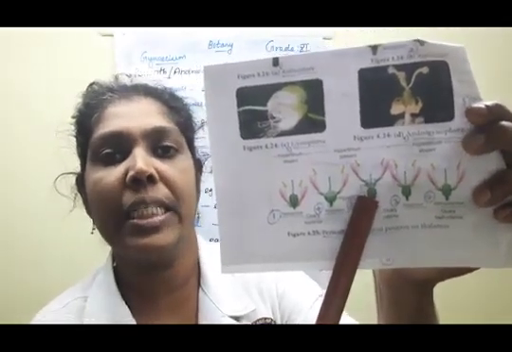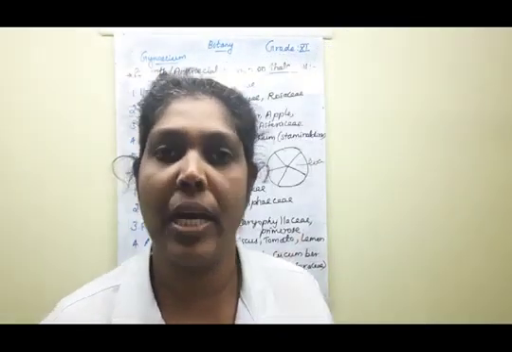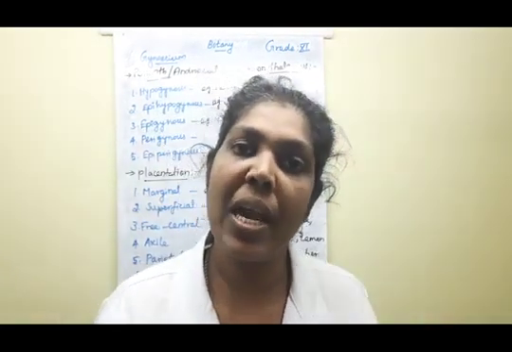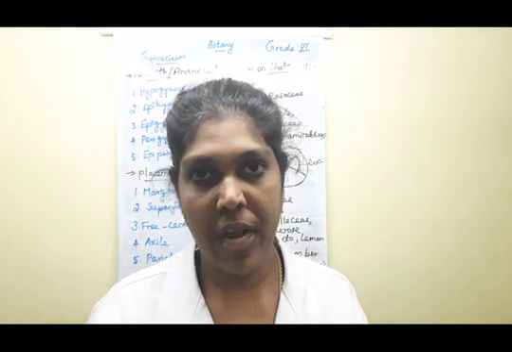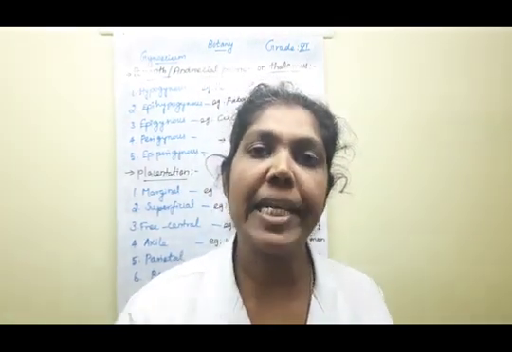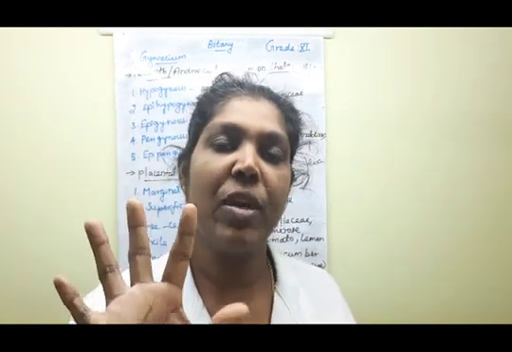All of you look at this picture. This is the hypanthium, present at the tip of the inferior ovary. That type of flower is called the epiperigynous flower. Clear, children? So these are the five types of flowers.